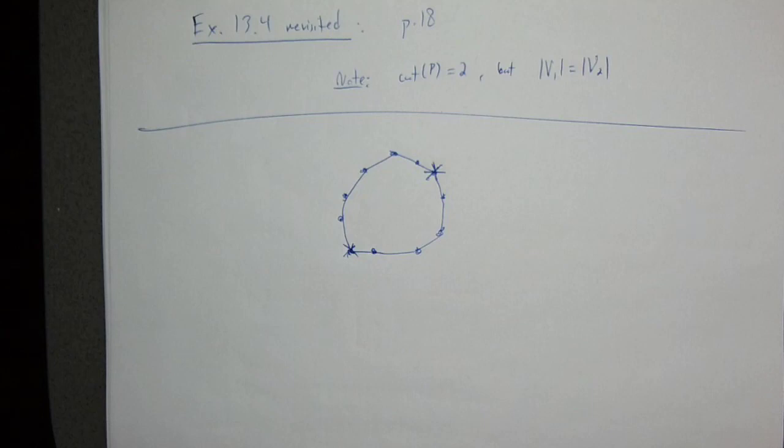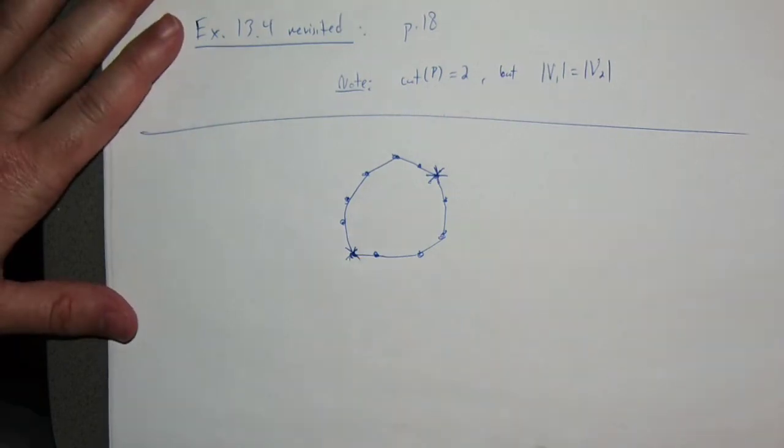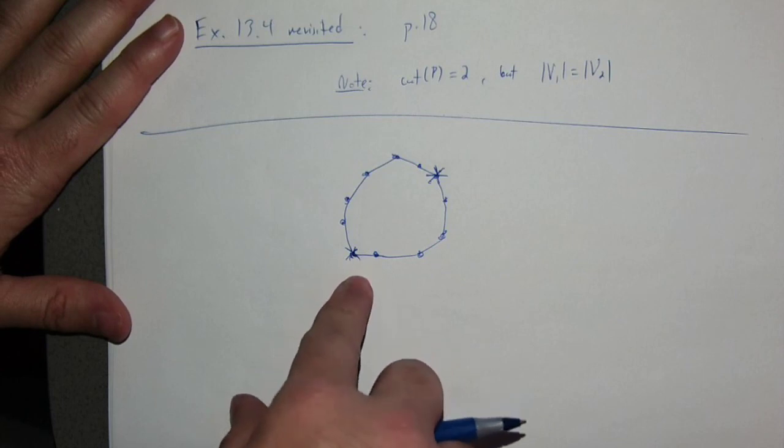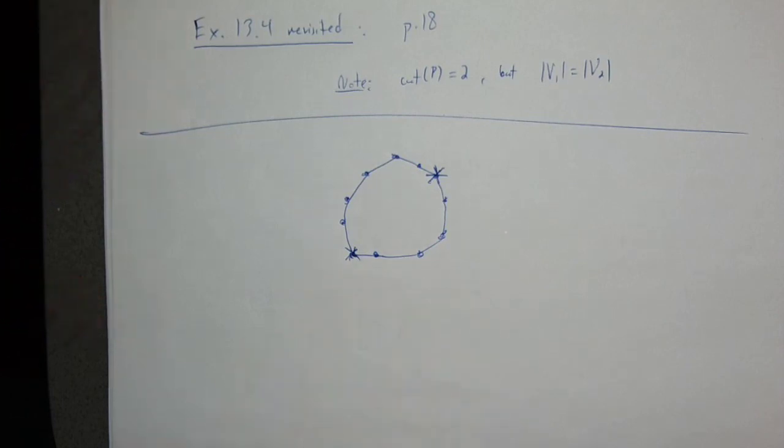You'd like to say that these are pretty close in some sense, but this is almost like a discrete version of a geometry problem with antipodal points, or I should say conjugate points. So the Jacobi fields or something.